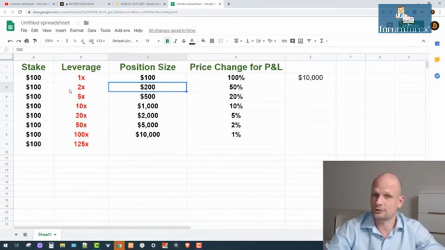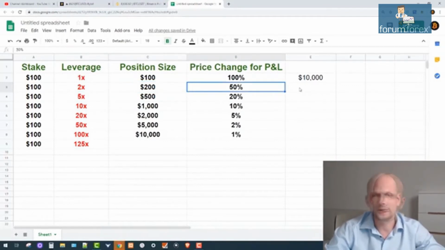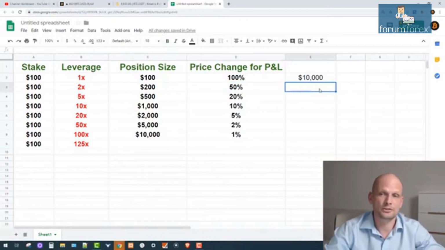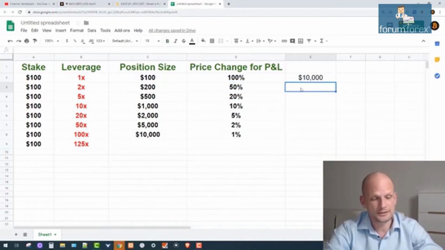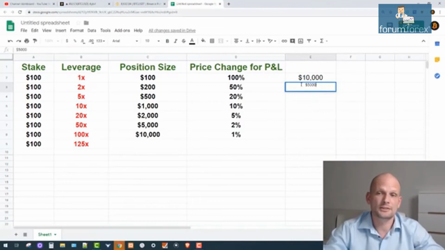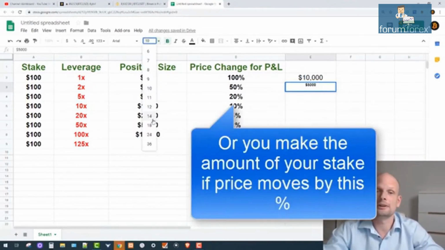And to lose your position, you already see that price has to drop 50%. If price would be $10,000 at the very beginning, then it should drop to $5,000 to destroy your position completely.